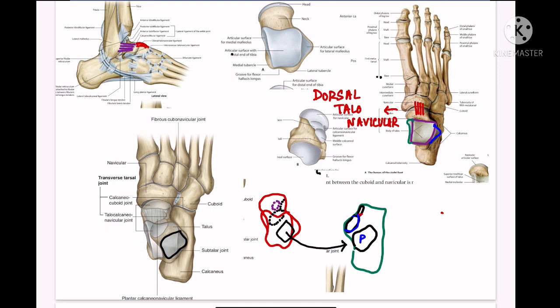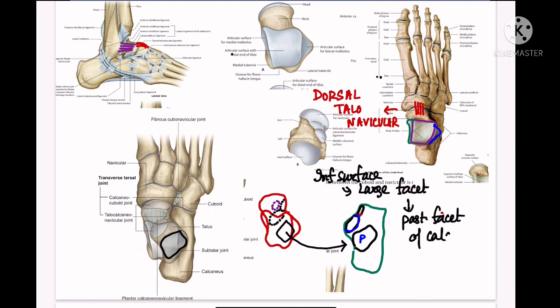So the inferior surface presents a large facet which articulates with the posterior facet of the calcaneus medially. Okay.